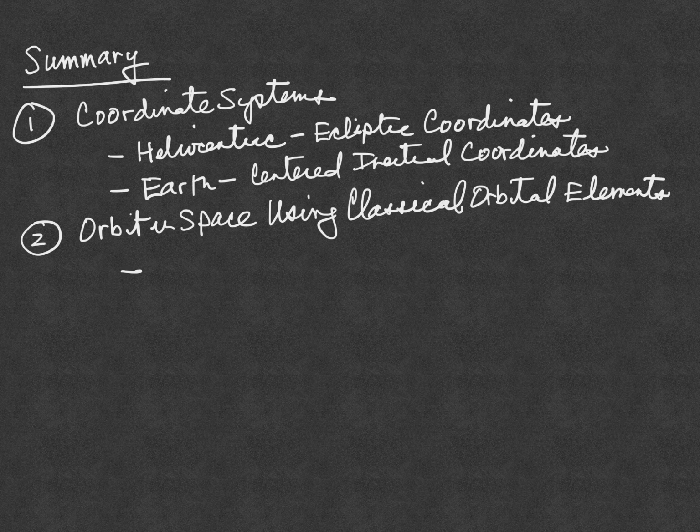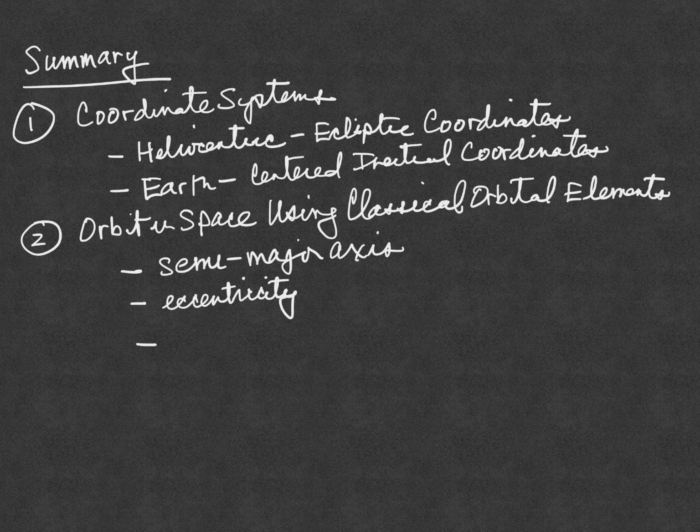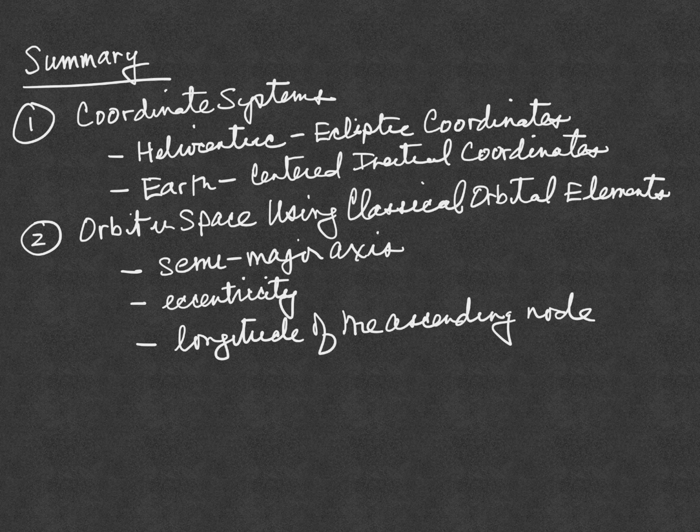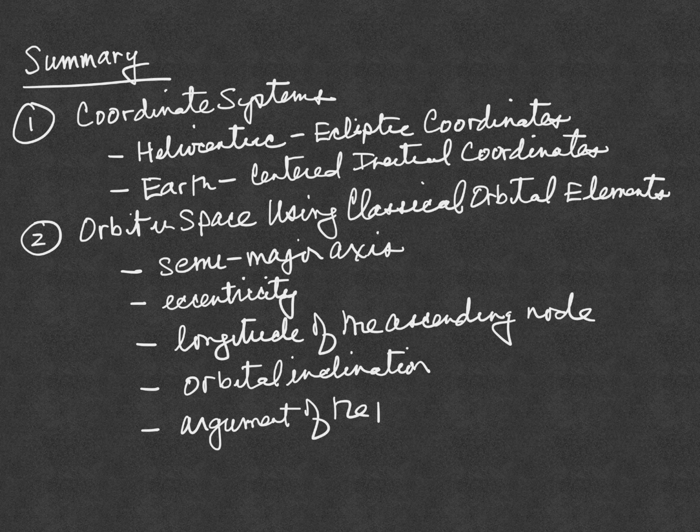And in particular, we described the semi-major axis, the eccentricity, the longitude of the ascending node, the orbital inclination, argument of the periapsis, and finally, the true anomaly.